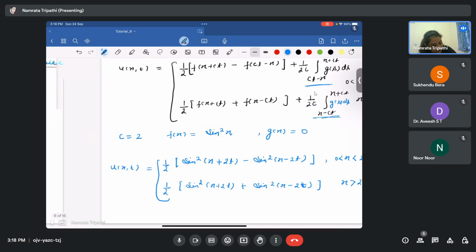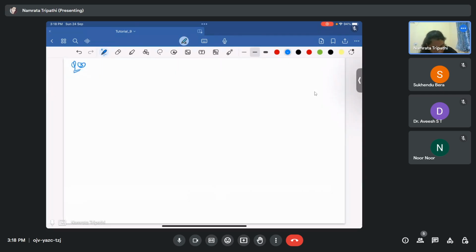Next question. First of all, you have to try, because this is similar to the previous one. The question is: find the solution of the initial boundary value problem.